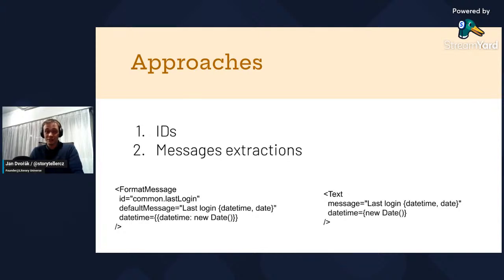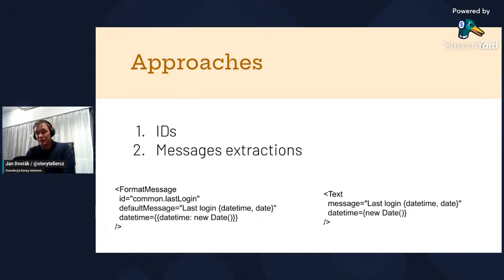While with message extraction, and this is an example from the Solid INTL package, I believe, you just put in the message and whatever the input is, and then you have some pre-built step that goes through your application, extracts all these messages, and puts them into a language file so that you can send them for translation later.